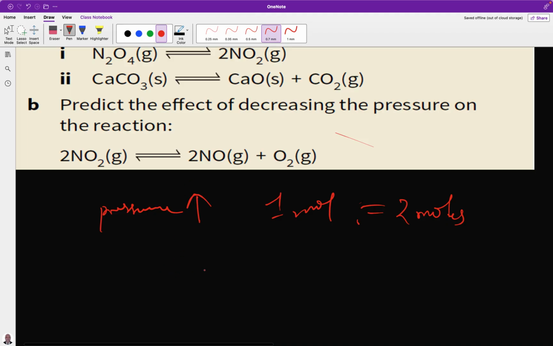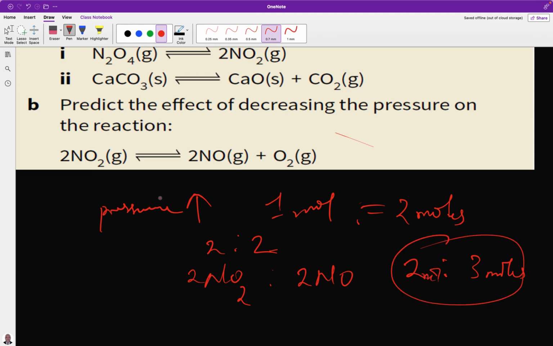We have 2 moles of NO2 to 3 moles of products. 2 moles of reactant here to give 3 moles of products.